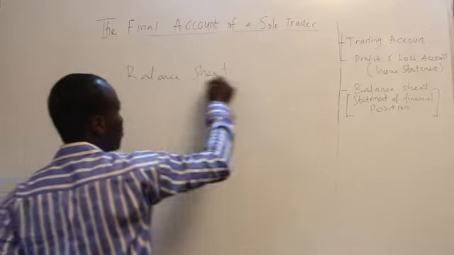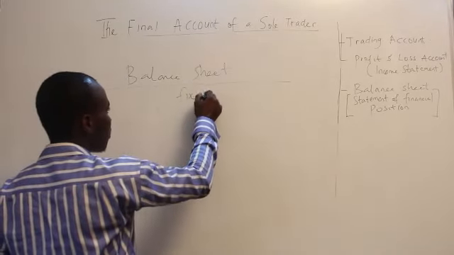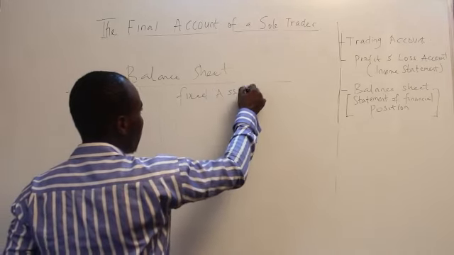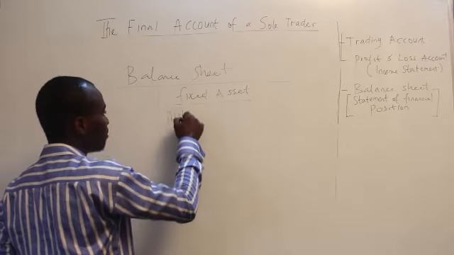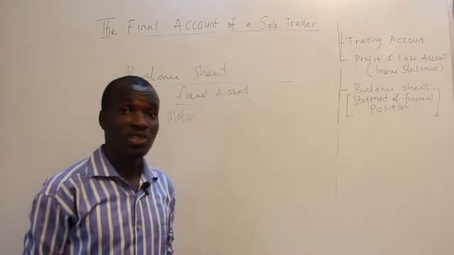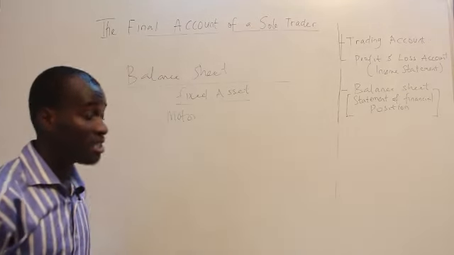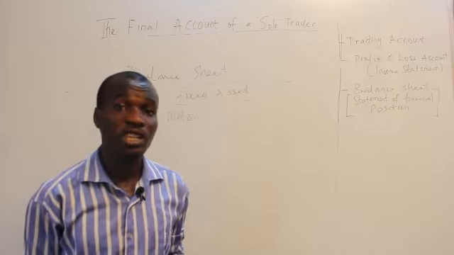So when we have the balance sheet, which can also be called the statement of financial position, the first thing in here we can have is our fixed assets. So we can have motor car. The fixed assets, just like we talked about in depreciation, are those assets that are permanent in nature, and an organization can use them for more than one accounting period.